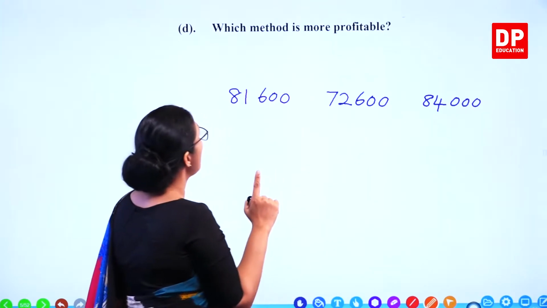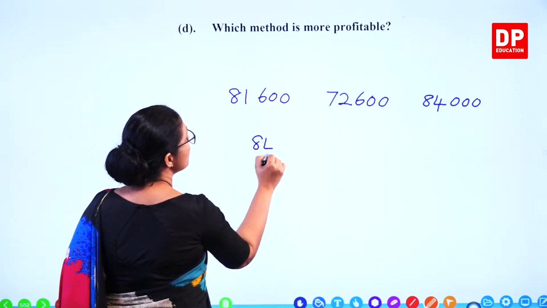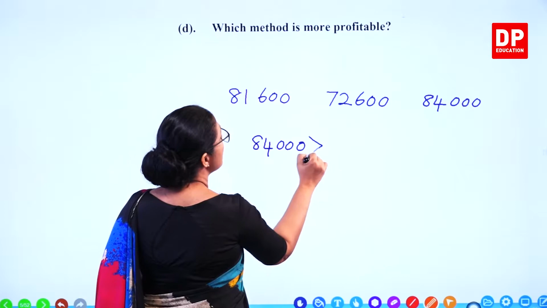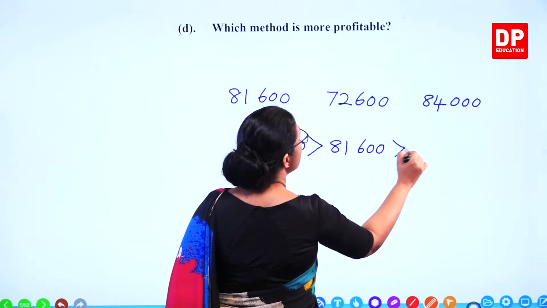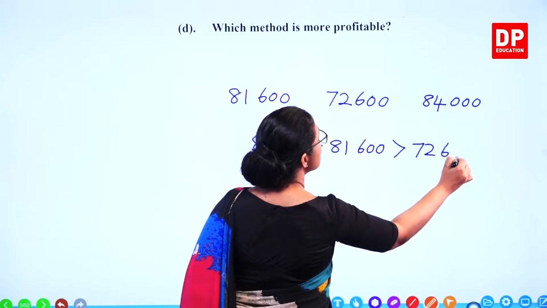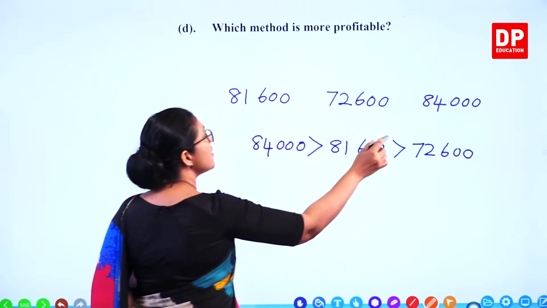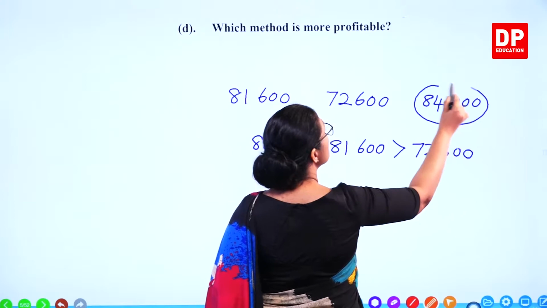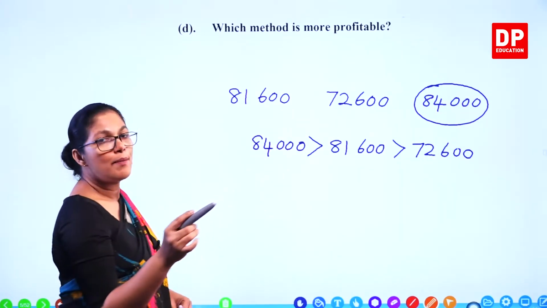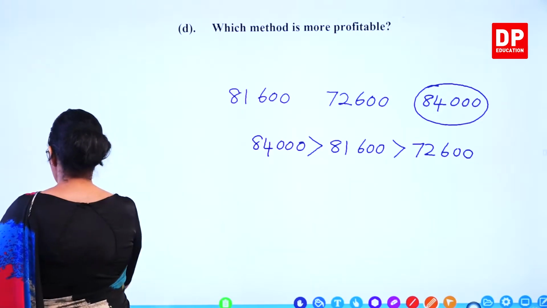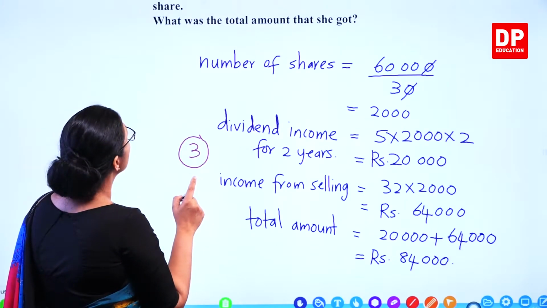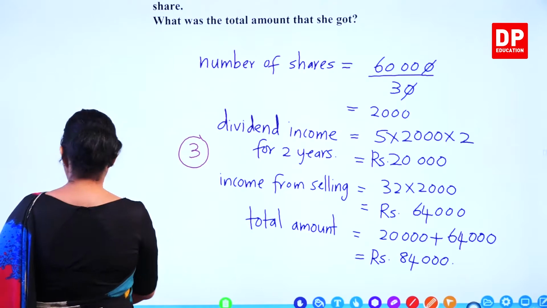So which one is highest? So you can say 84,000 is bigger than 81,600 and bigger than 72,600. So this method is the more profitable. The amount is more than the other methods. So you can say the previous method. That means share market, investing.